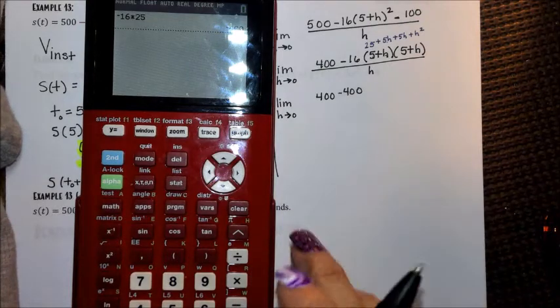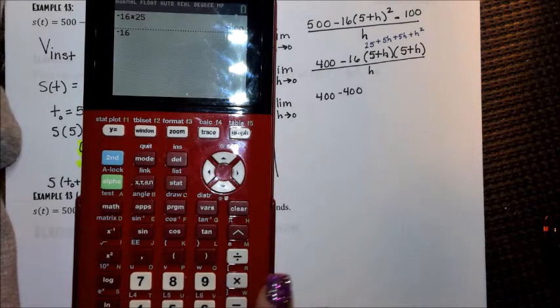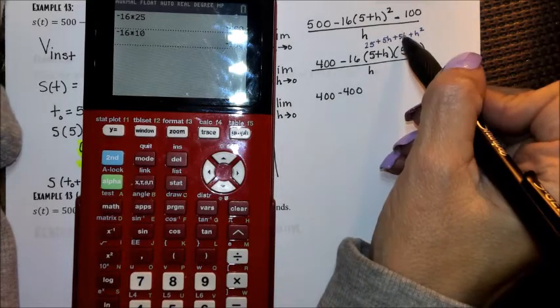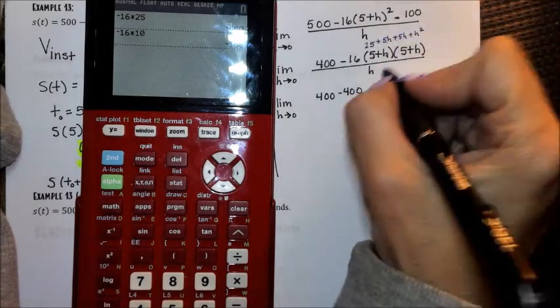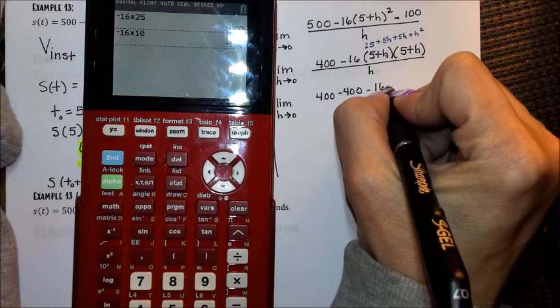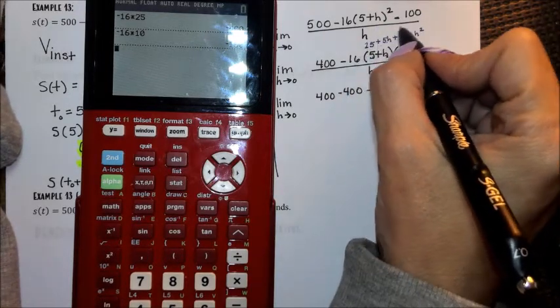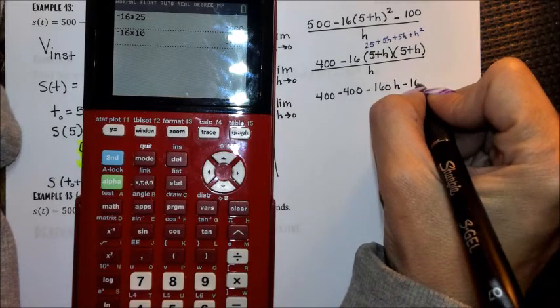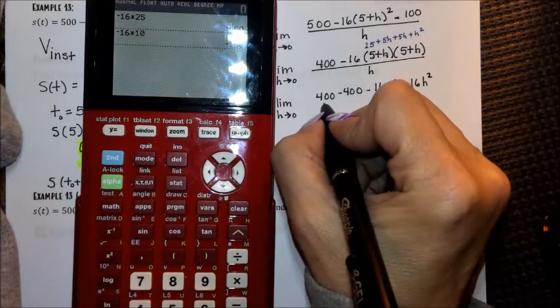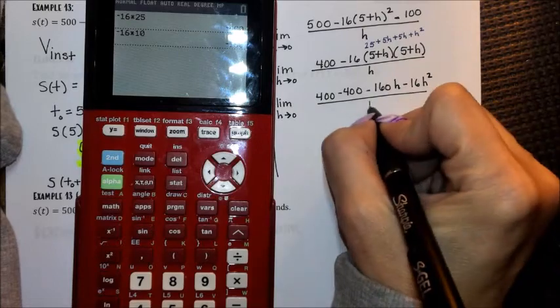Those are going to cancel out. Negative 16 times 10, because 5 plus 5 is 10. 10 times 16 will be negative 160, and we still have that h. Negative 16 times h squared will be negative 16h squared, all over h.